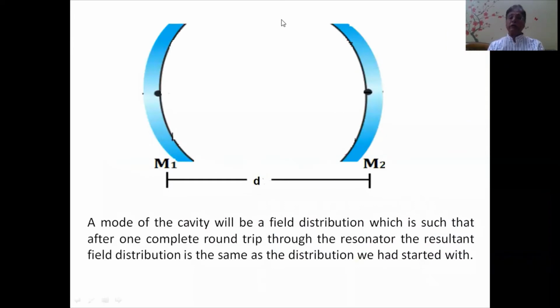You see, the figure shows a set of two mirrors, and as we have seen in the very first lecture of the resonator system, an optical resonator consists of two mirrors, and these could be of different types. It could be a concave convex combination, concave concave, plane and concave, or both plane mirrors.